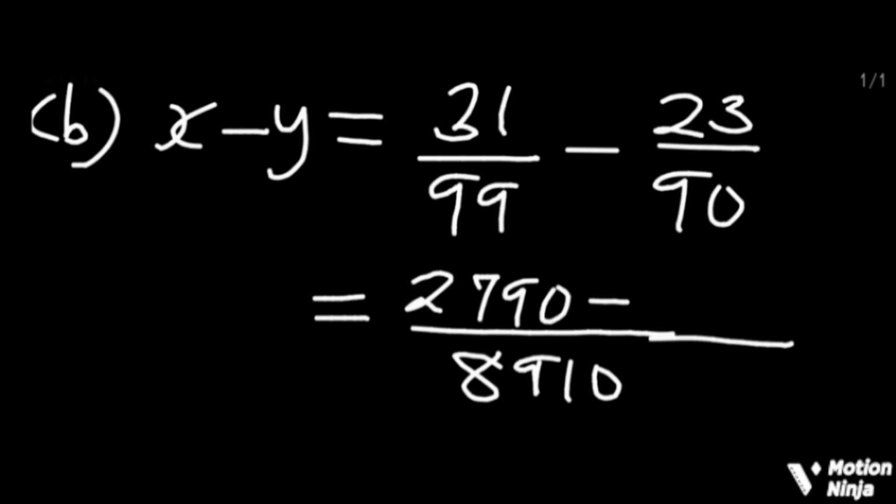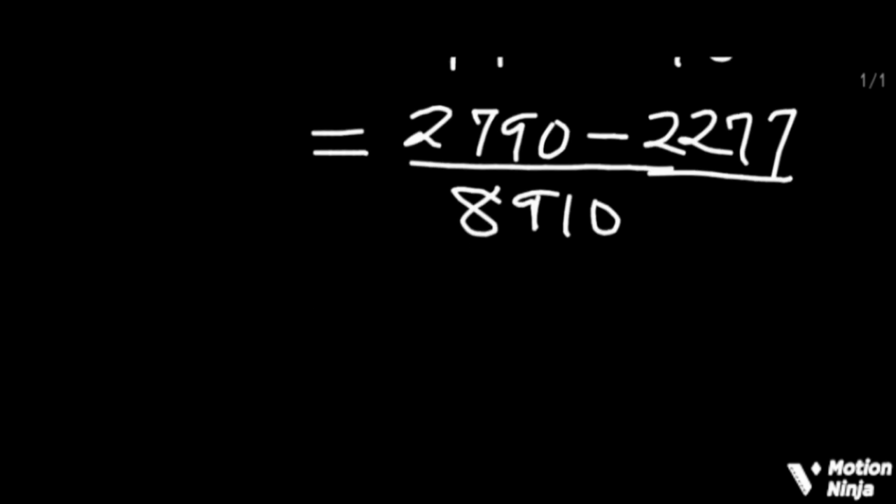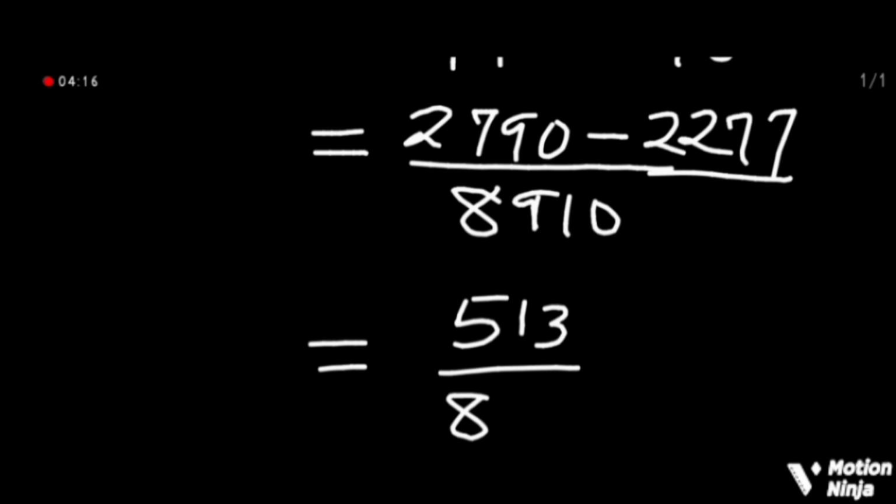Minus here, 8,910 divided by 90. The result will be equal to 99. If we multiply by 23, it will be 2,277. So we are going to subtract there. If we subtract, the result will be equal to 513 over 8,910.